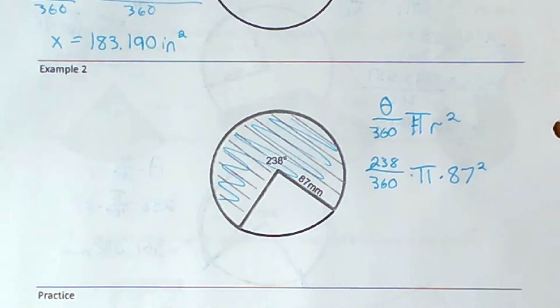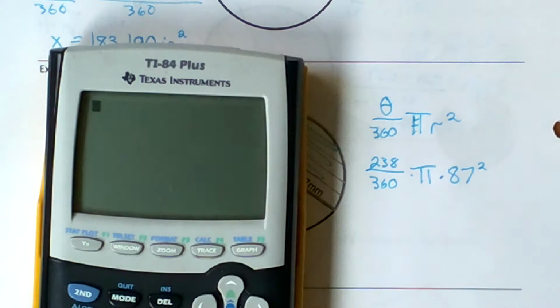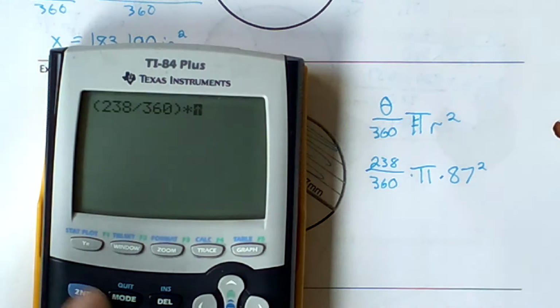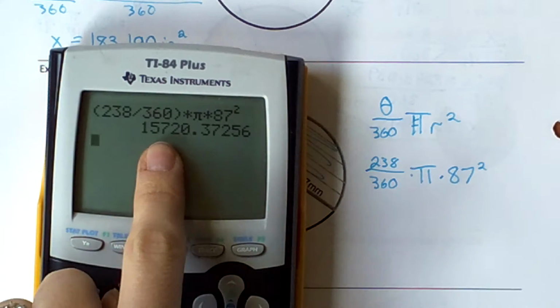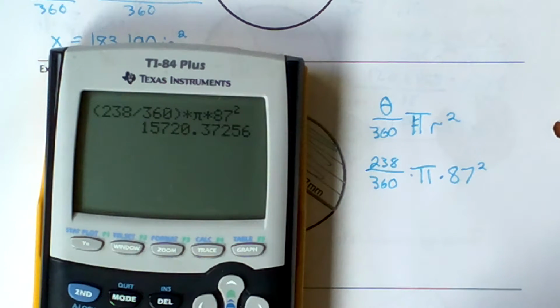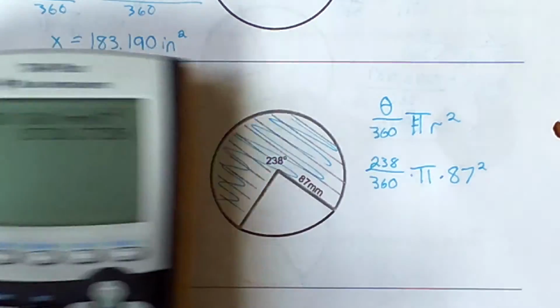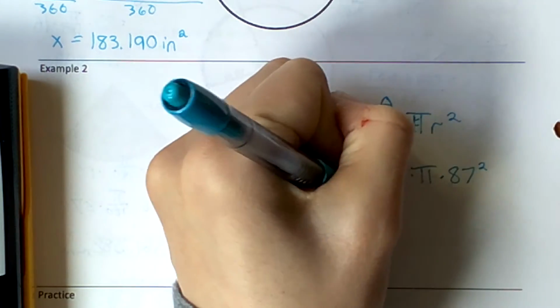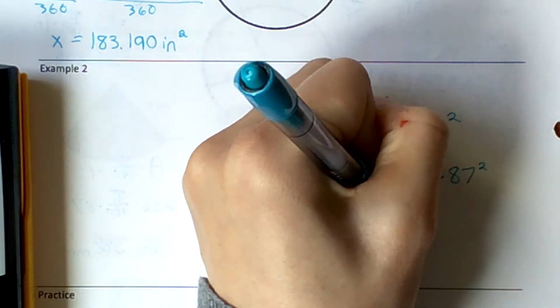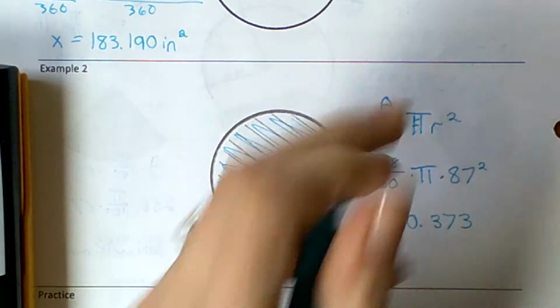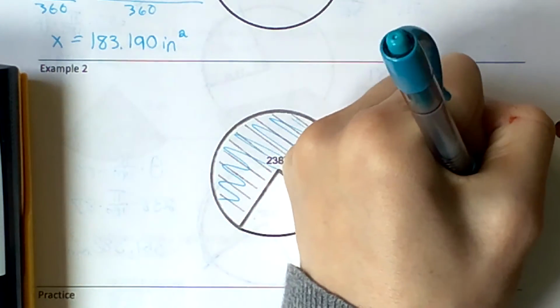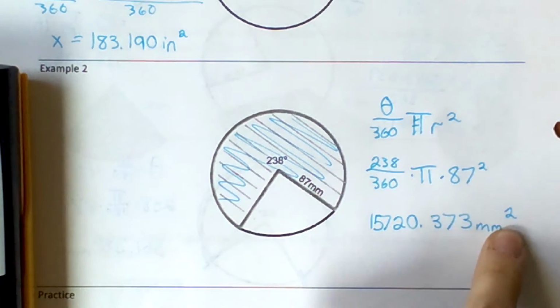And again, I can type this whole thing into my calculator, just make sure that you're using the correct parentheses. 238 divided by 360 times pi times 87 squared. So we get 15,720.373. We'll round up. This one is in millimeters, so it is millimeters squared.